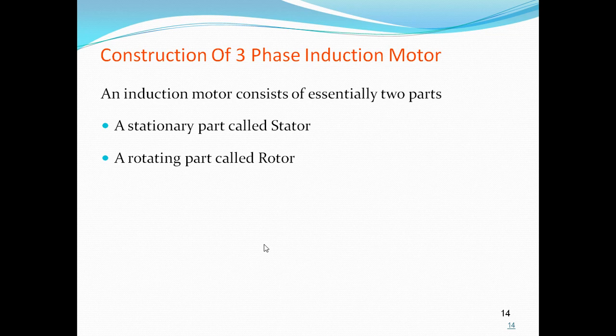So these brushes are connected to a three-phase star-connected rheostat. This arrangement makes it possible to add external resistance to each phase of the rotor circuit during the starting period, for increasing starting torque as well as to limit the starting current.